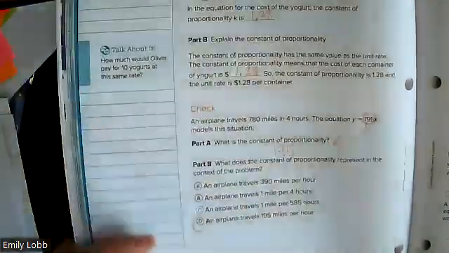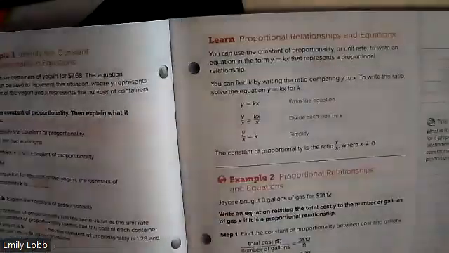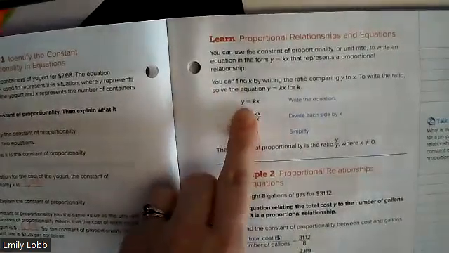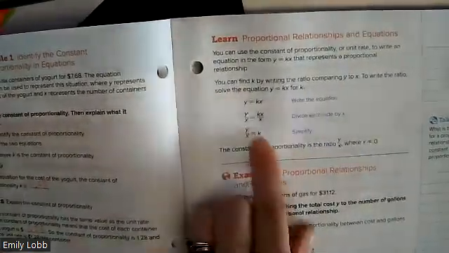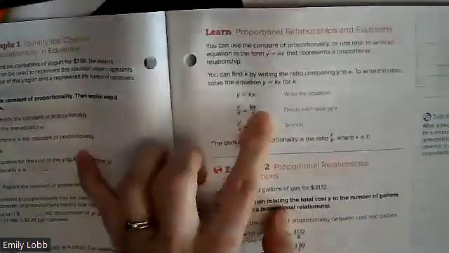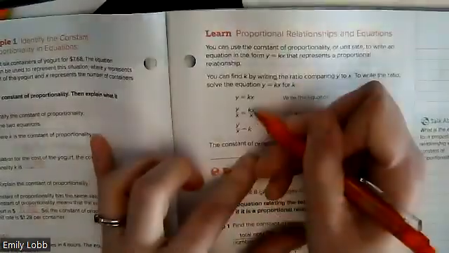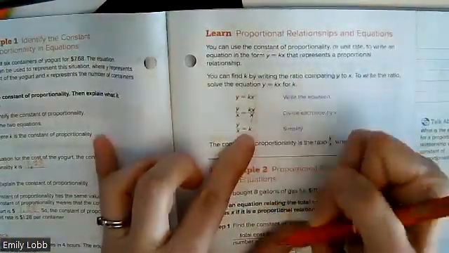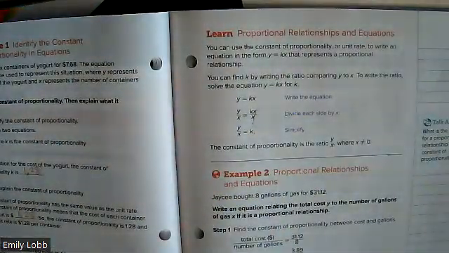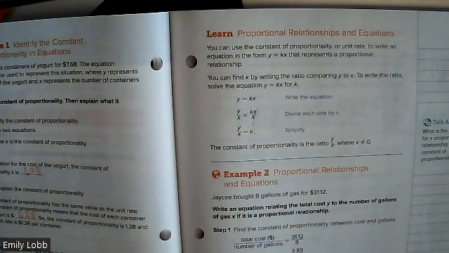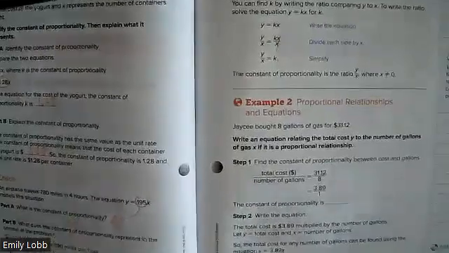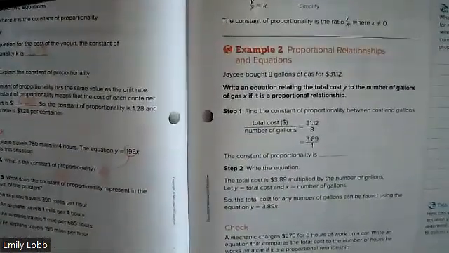Looking at page 43. Looking at this, we've already written this. So if our equation is y equals kx, we can find k by dividing both sides by x. X divided by x is 1. So 1k is just k, and we're left with y divided by x. So we can find the constant of proportionality there. With proportional relationships, you could figure out that constant by taking y divided by x.